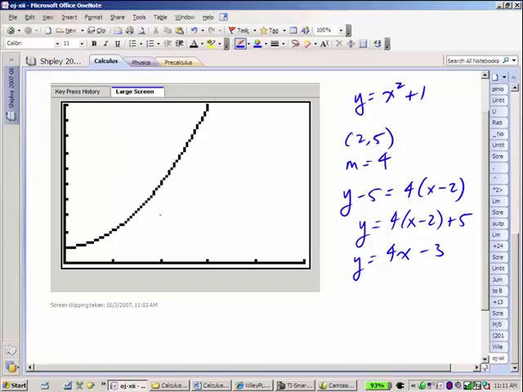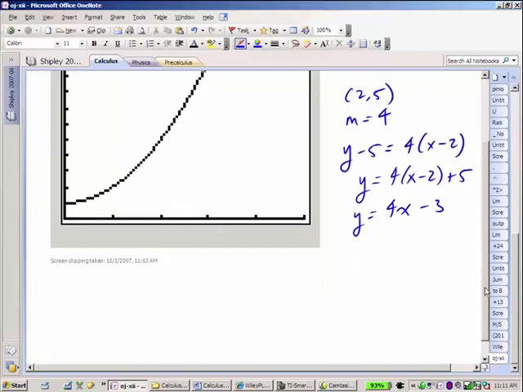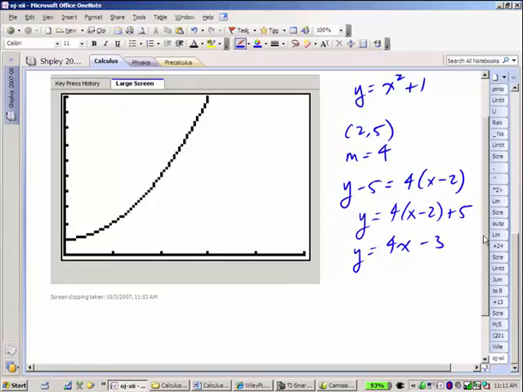So first of all, let me give you some notation. We call the slope of this function at x equals 2 the derivative. And derivative is a new vocabulary word that means the instantaneous rate of change, or the slope at that point.